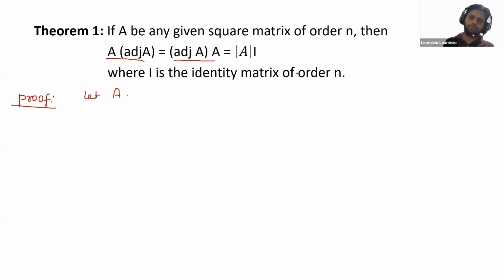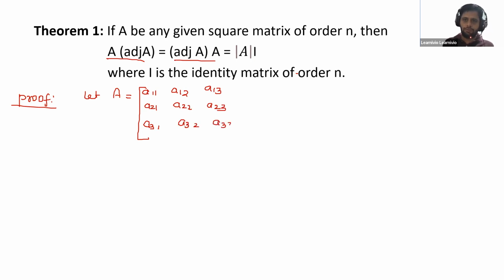Let A be the matrix with rows A11, A12, A13; A21, A22, A23; and A31, A32, A33. Now we will find the adjoint of this, so we will write just the cofactors.